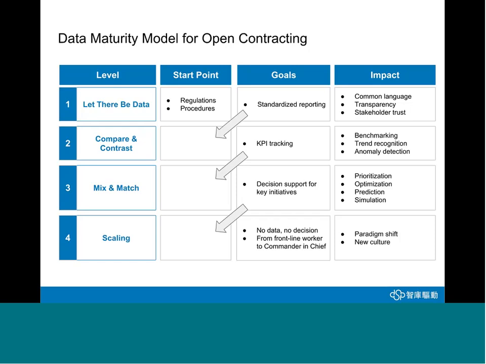Everybody, from the frontline workers to the commander-in-chief in each organization, will get used to using data for decision making, and therefore we can create a new data-driven culture for service innovation and evaluation. So this is what I call a data maturity model for open contracting.